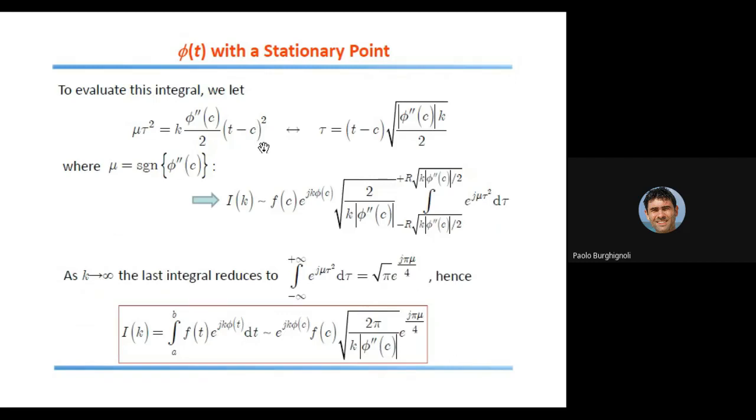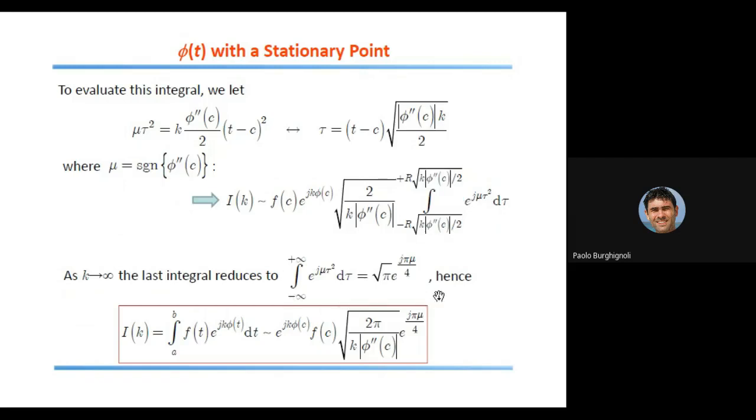If you do that and you change integration variables, so you introduce a new variable tau, which is related to the old variable t in this way, where mu is the sign of the second derivative of the function phi at the point c, you will discover that your integral becomes this integral here, in which you get a simple exponential function, e to the power j mu tau squared. The integration limits depend on k, but they can be let tend to infinity without changing the asymptotics.